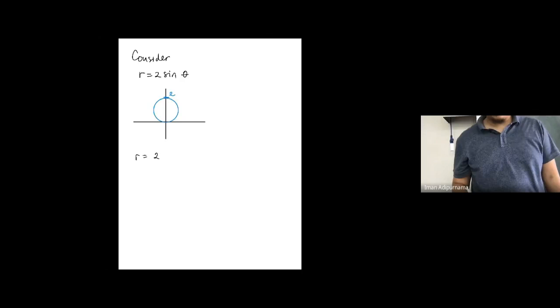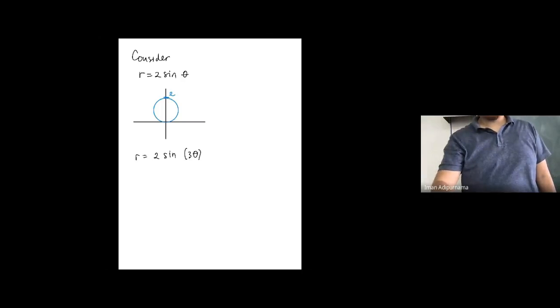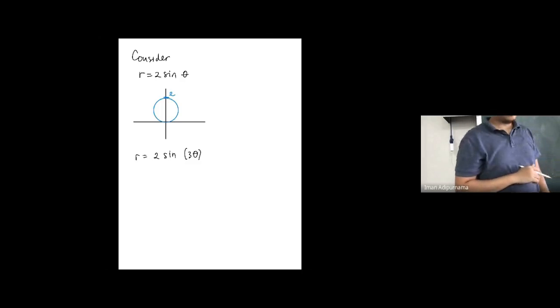Now consider r is equal to sine, now we have 3 theta. Now the n is 3. Let me write the n. The n is 3, so the petals should be 3.